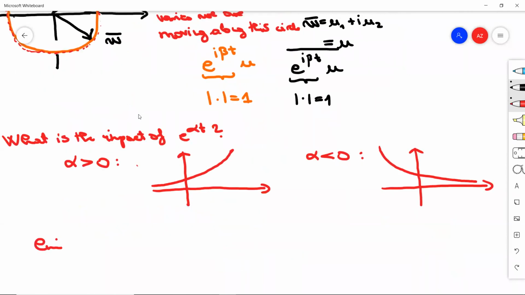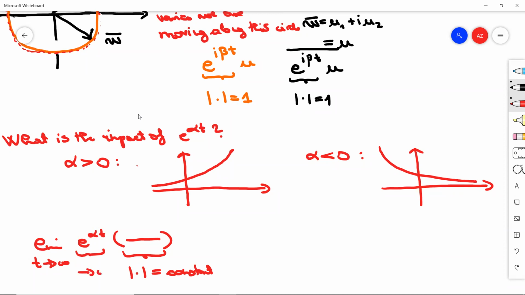So limit as t goes to infinity of e to alpha t times this expression in brackets, which I'm not gonna write again. So this expression in brackets has constant absolute value, is constant for every t, and this e to alpha t is going to infinity.